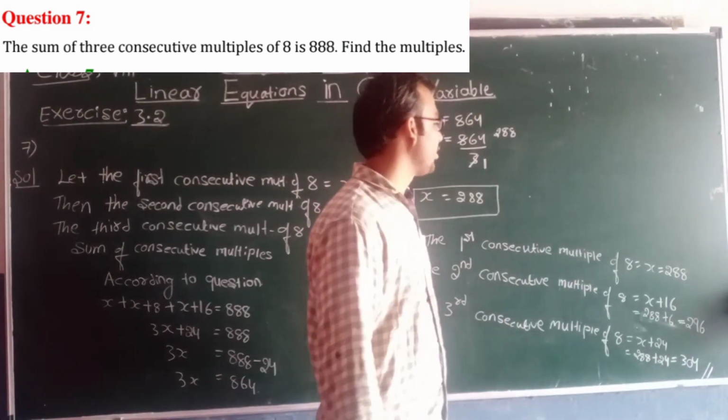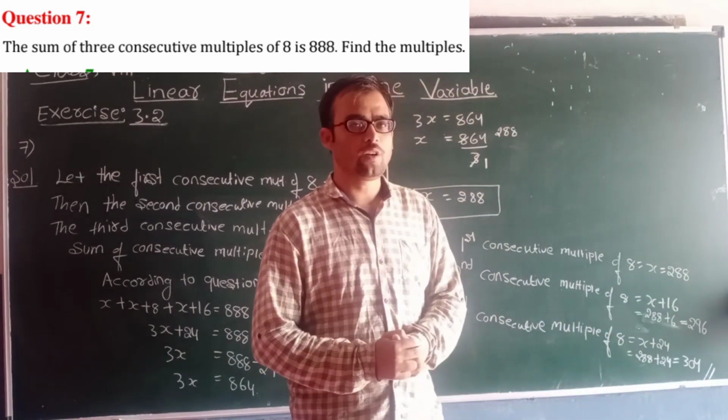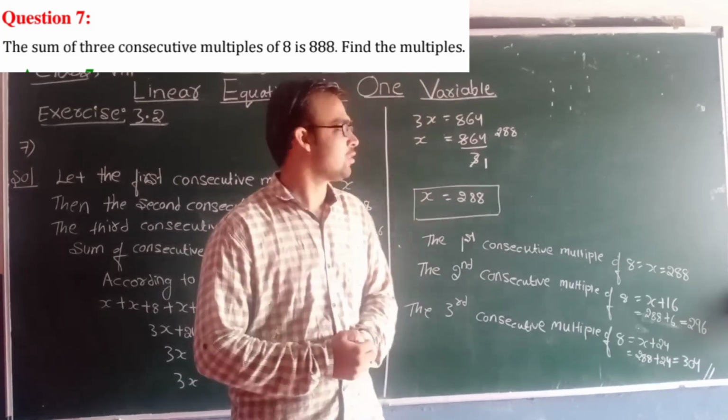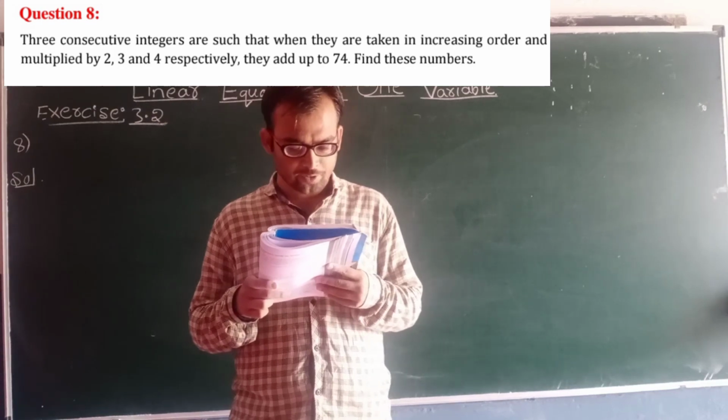So what are those three consecutive multiples? 288, 296 and 304 are the three consecutive multiples. When we add up these three consecutive multiples, what are we getting? We are getting 888.